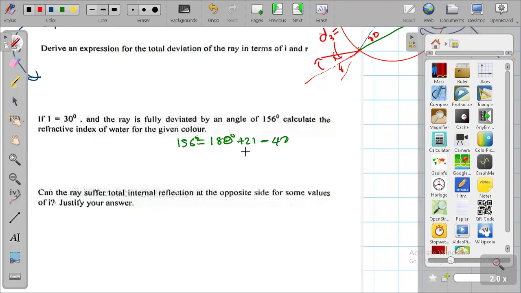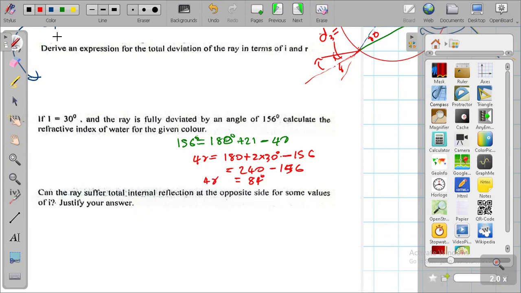So 4R equals 180 plus 2 times 30 minus 156, which is 240 minus 156, which is 84 degrees.